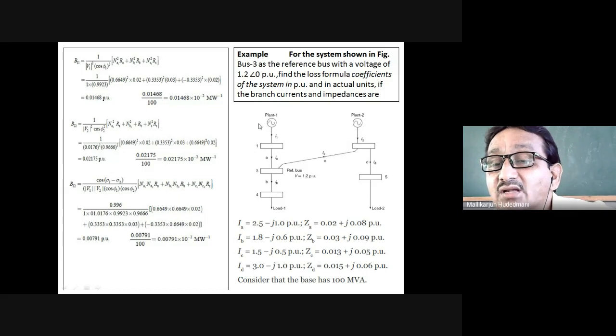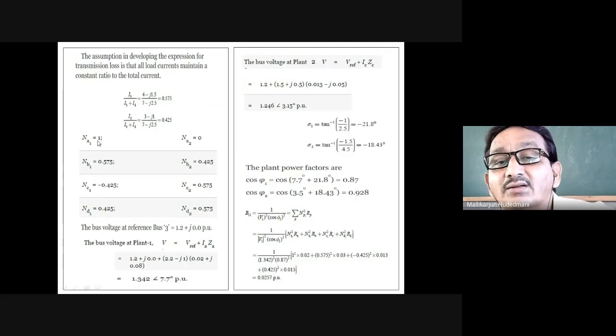When plant 1 alone delivers the load, I1 must be equal to load 1 plus load 2. Then the ratio of current I1 divided by load 1 plus load 2 should be equal to 100%. Suppose 100 ampere flows here, all 100 ampere has to come out here. Then the current distribution factor for section A stands as 100%, nothing but 1. That's what is written here, 1.